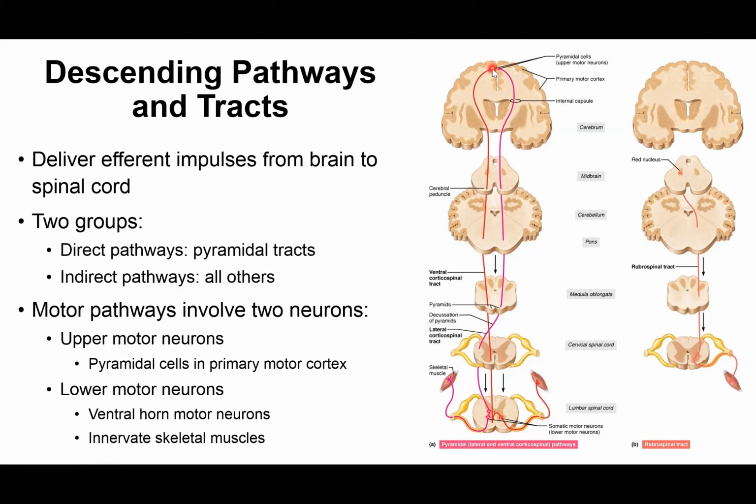Starting at the cerebrum, this is all an upper motor neuron, and it continues to be an upper motor neuron until it synapses clear down at the level of the spinal cord where the lower motor neuron is going to exit and innervate the muscle.